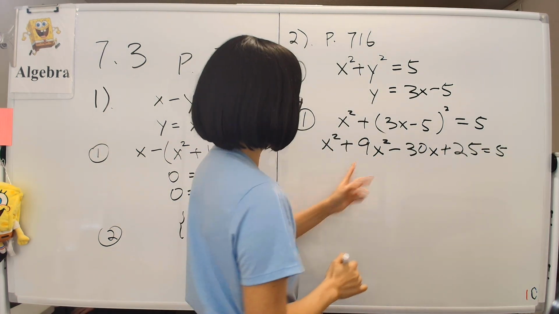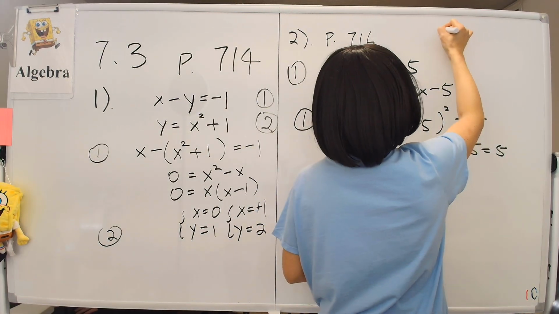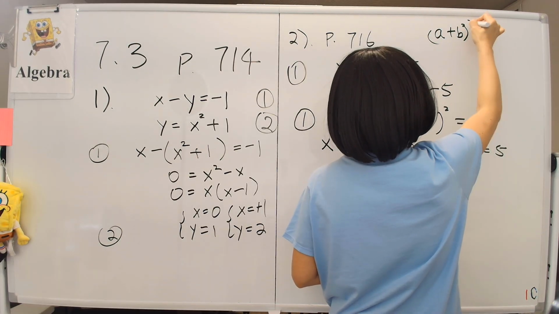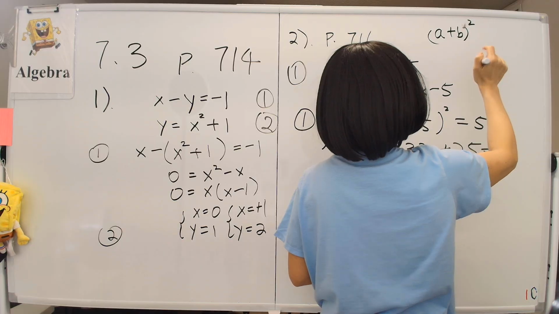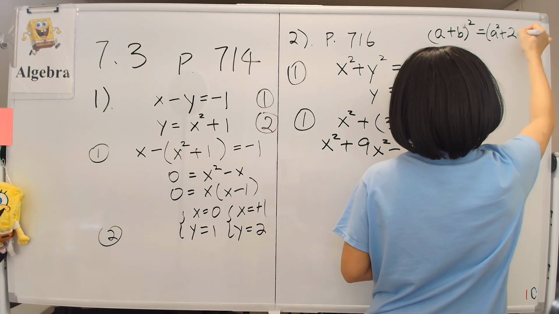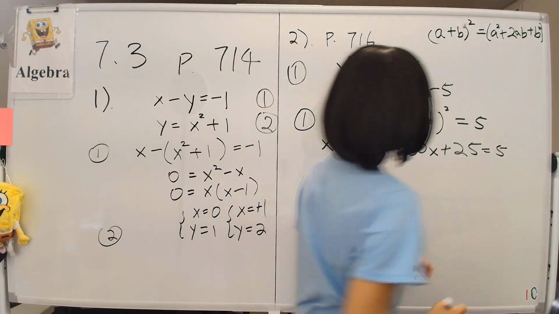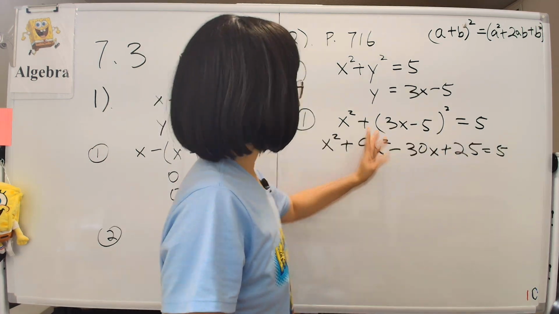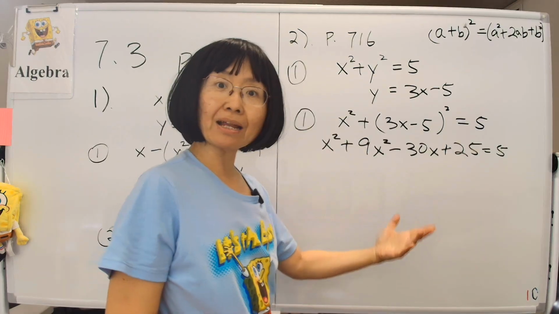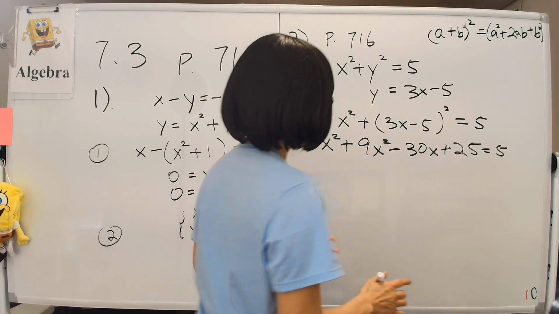To do what I just did, there is a formula, which is (a plus b) squared equals a squared plus 2ab plus b squared. I'm using that formula, but you can do that, or you can just write it out the normal way and multiply it out however you can. This has to come to here, one way or another.